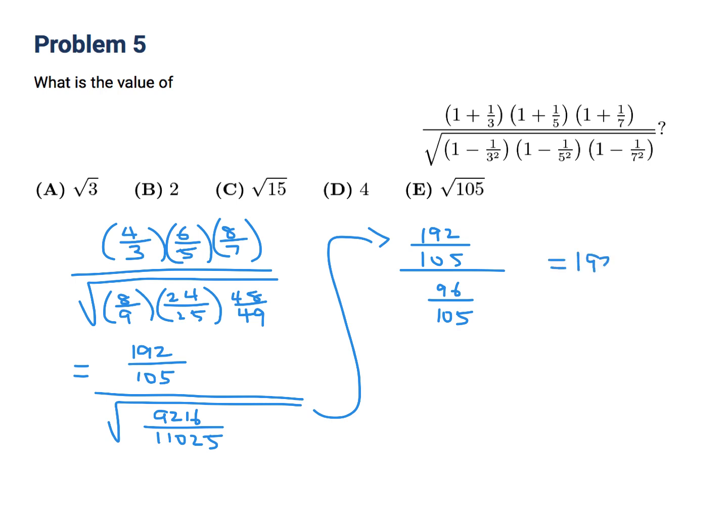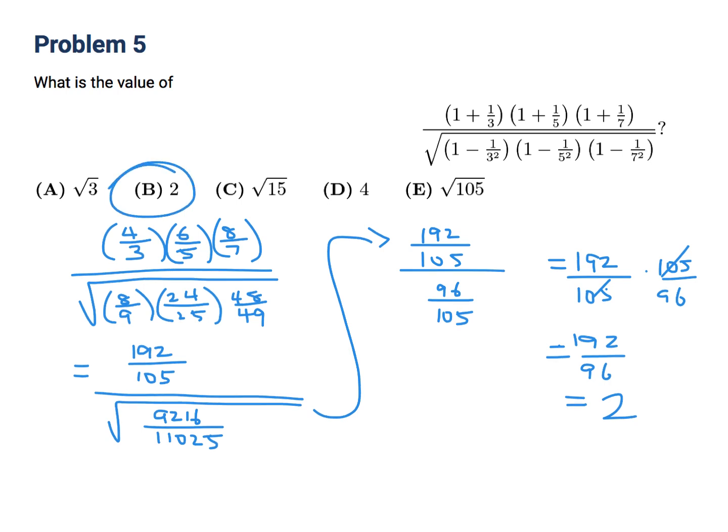And then when you invert and multiply, you get this 105 canceling, so that helps. And then that's just 192 over 96, and in lowest terms, that actually is 2. Yeah, works out to an integer. Great. So that's choice B.